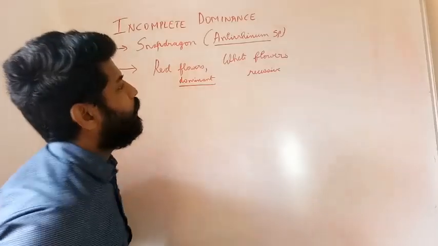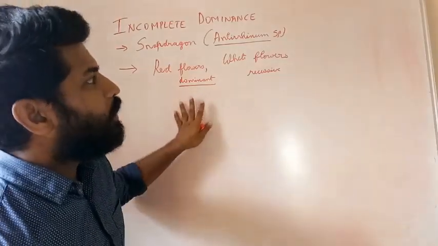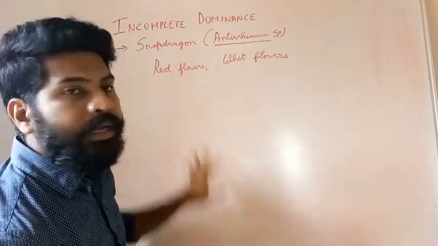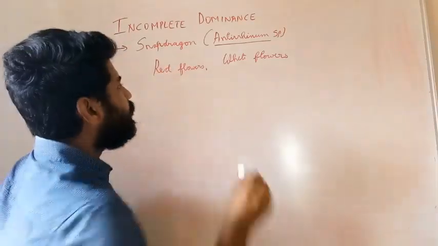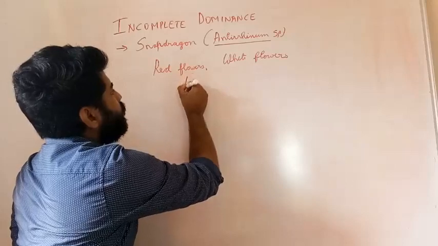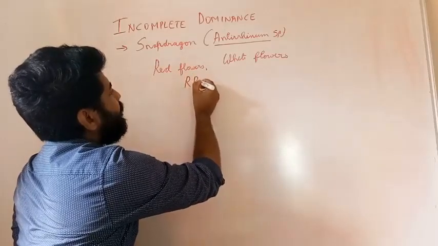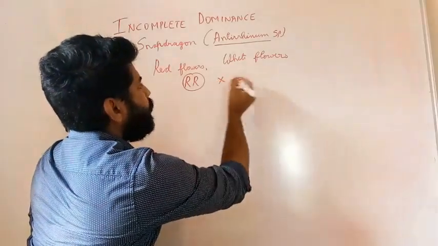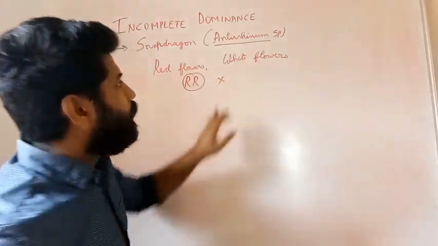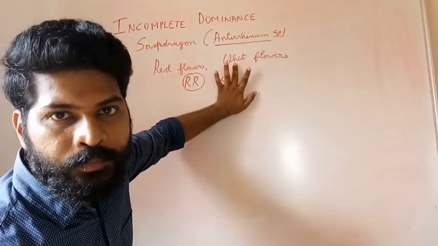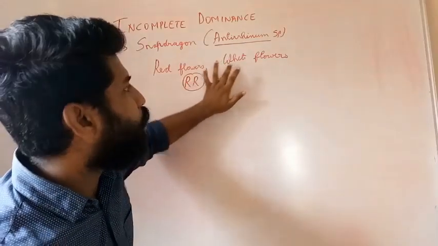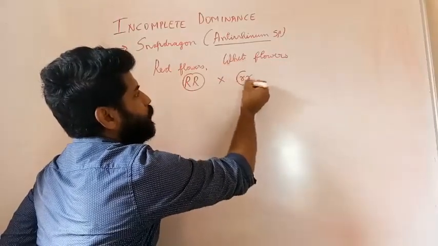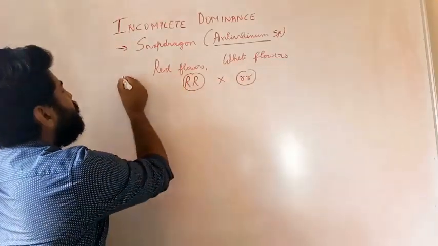So the same crossing done by Mendel was followed over here. The plant containing red flower, red is dominant, so we use capital R. It was crossed with the pure white plant; don't put W. We have to use the small case of the same alphabet, r. Don't make the mistake. So this is your parent.